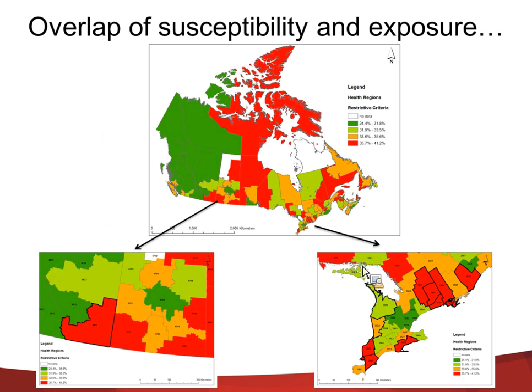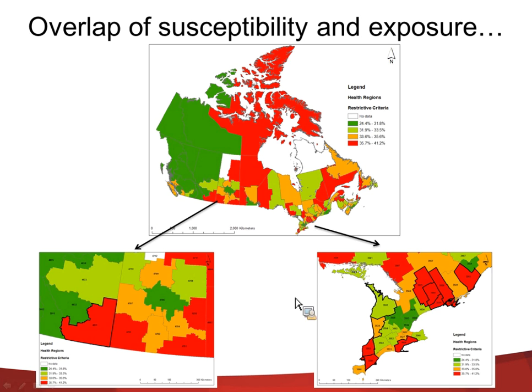And then we overlaid ozone and PM 2.5 exposures based on these comprehensive surfaces to see where the highest quartiles of susceptibility and exposure overlapped. So these two inset figures show in southern Alberta the health region outlined in bold, and then the number of health regions in southern Ontario where that fell in the highest quartile of both percent of the population susceptible and exposed to either ozone or PM 2.5.